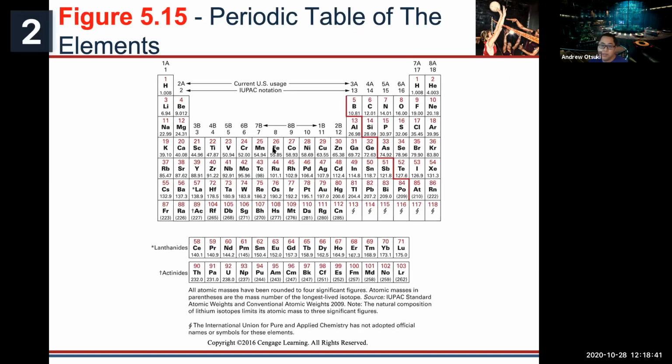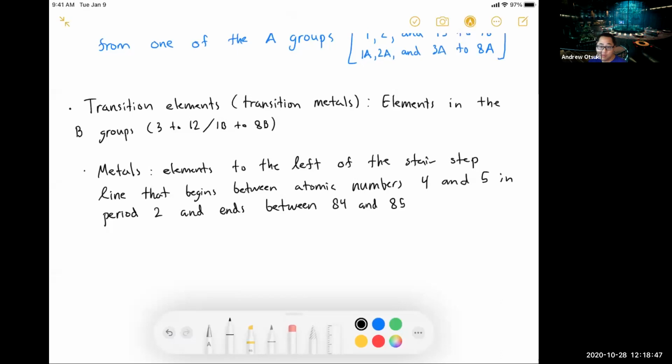So let's go back to the whiteboard. Okay, so let's go forward. All right, non-metals. Non-metal elements are on the right of the stair step line.